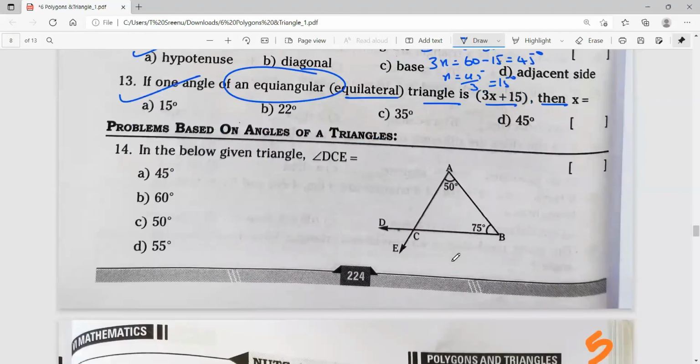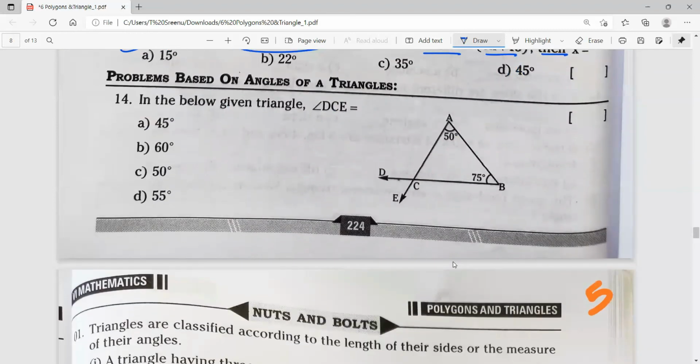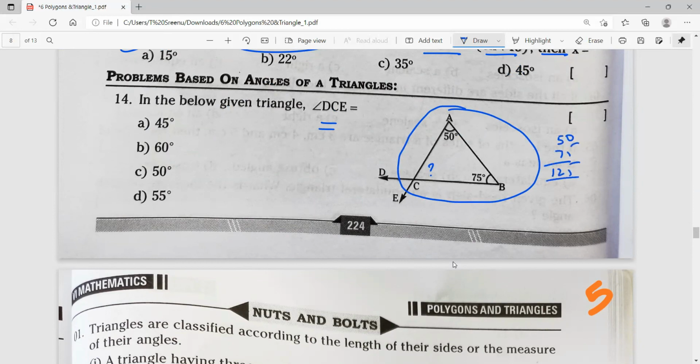Okay, next, 14th. In the below given figure, find angle DCE. First, you take this triangle. Angle A is equal to 50, angle B is equal to 75. How much is angle C? 50 plus 75 is 125, and 180 minus 125 is 55.